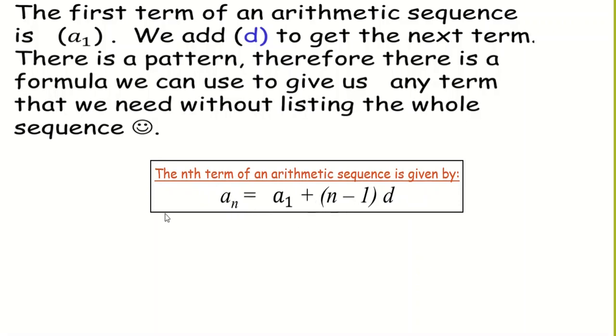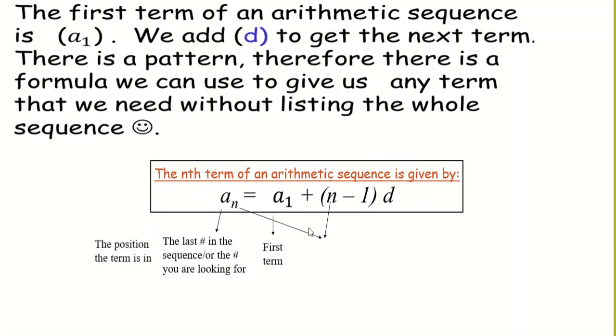So every n in the formula represents the same number. So generally, this is the formula in finding the nth term of an arithmetic sequence. We can look for a specific term without listing everything.